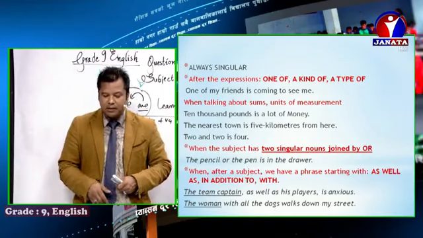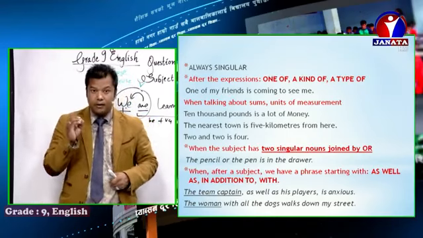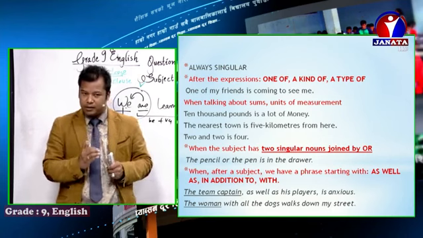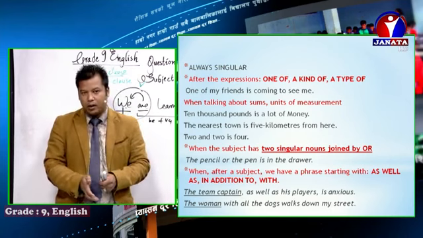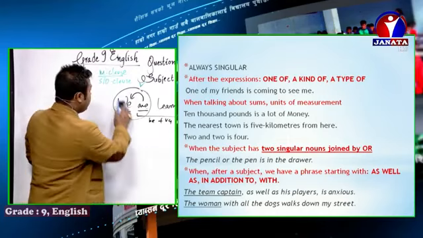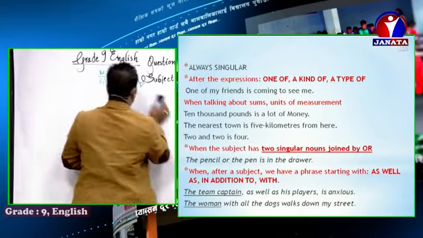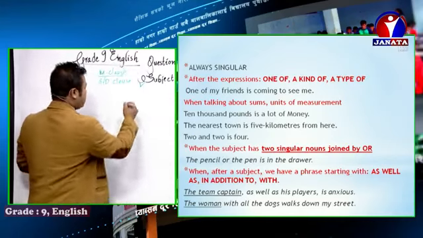Now, when the subject has two singular nouns joined by or. Now, from here, we will start becoming a little slow. The pencil or the pen is in the drawer. Here, the focus, we always have a complication when there are two subjects introduced to us by using different connectives or conjunctions.